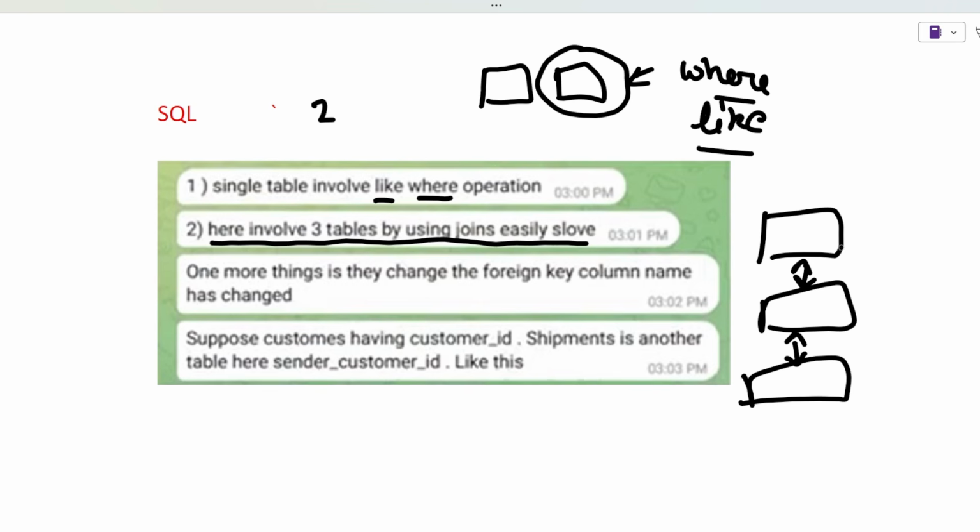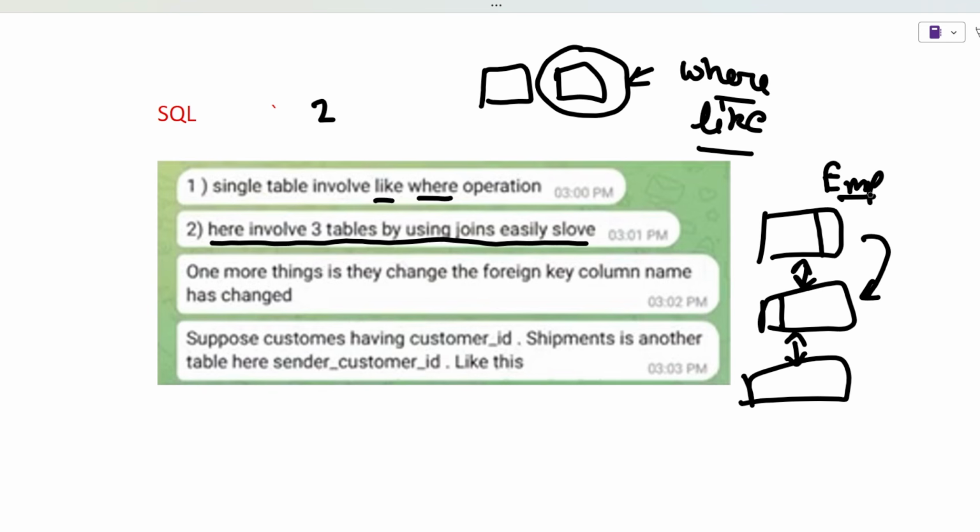And a join between two tables can only happen if there is a common column. Let's suppose this is the employee ID column, the primary key of this table. Then this employee ID column should be a foreign key in the second table, and only then will you be able to join it.